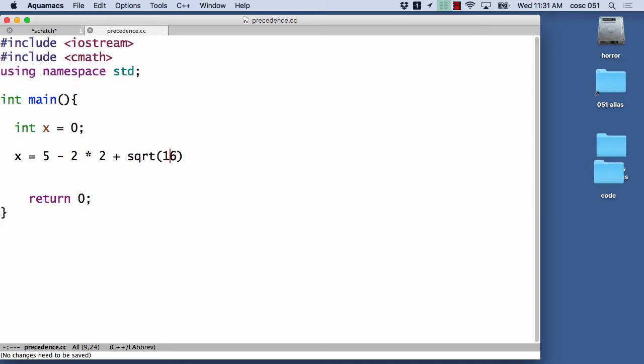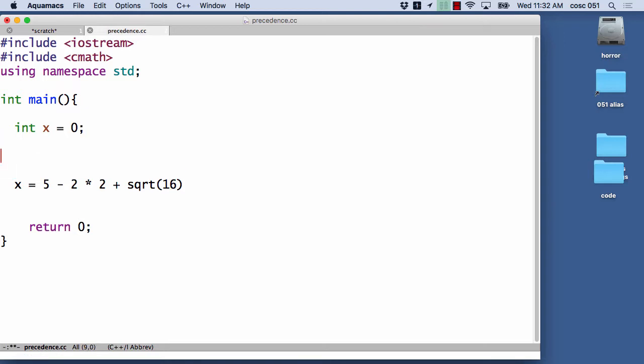Yeah. It's not negative 2. The reason we know it's not negative 2 is there's a space there. So this is actually 5 minus 2 times 2 plus square root of 16. Let me just tell you, this stuff's really annoying. It's horrible. I hate it. I'm just going to tell you the answer, and then I'll show you how people really do it, okay?